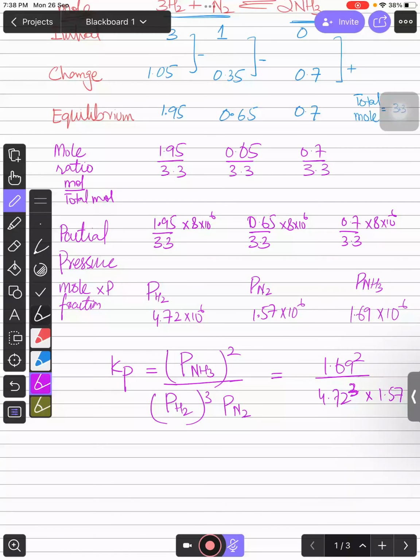It is 1.69 square over 4.72 cube into 1.57.